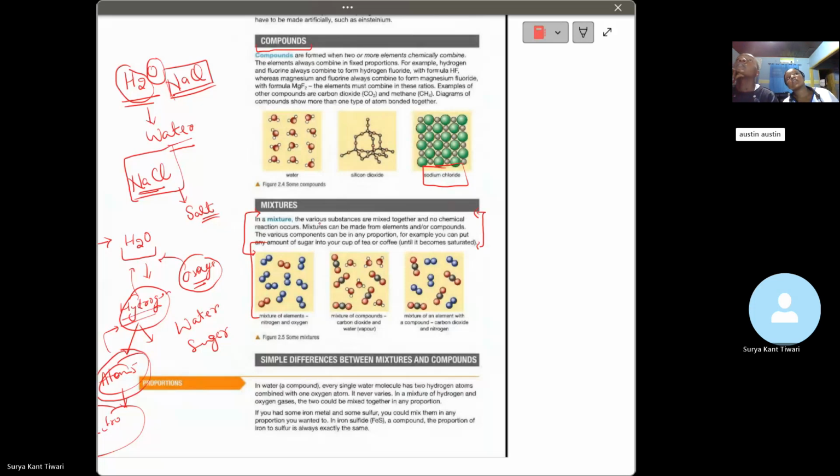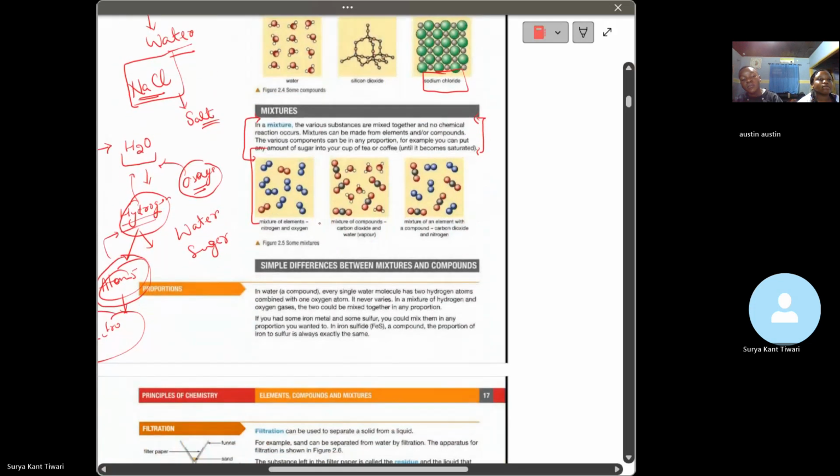The various components can be in any proportion. For example, you can put any amount of sugar into your pot of tea or coffee until it becomes saturated.